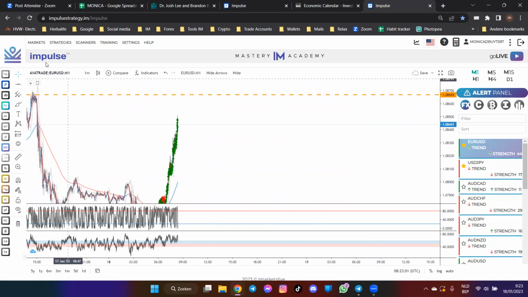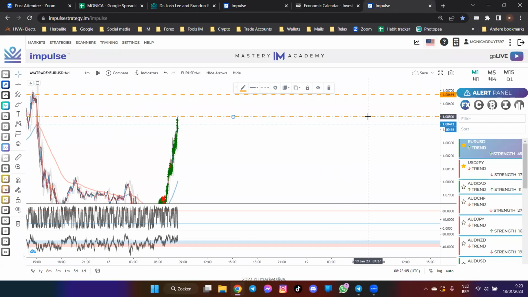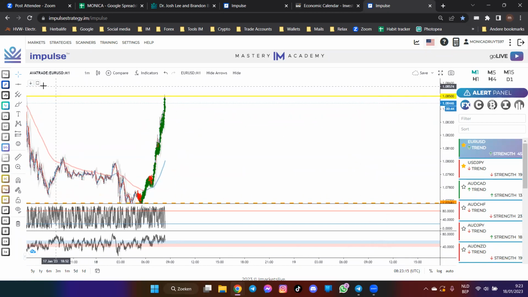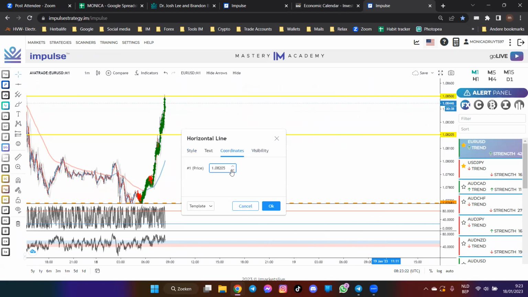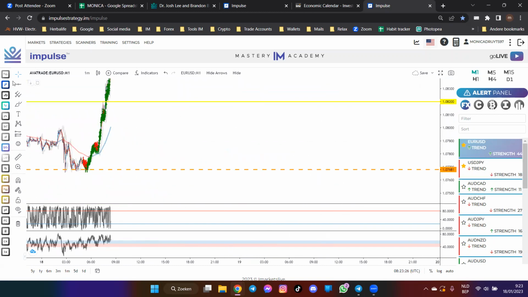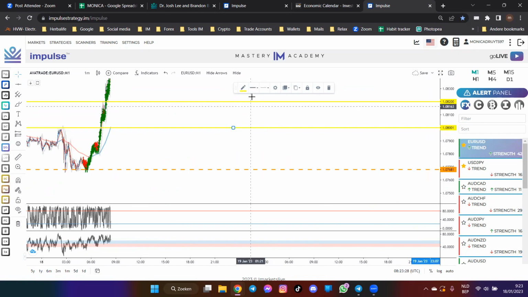I start also with drawing my institutional levels. I see sometimes at your guys' charts on Telegram that you don't do this, or not everyone does this. I would totally recommend it. It gives you so much overview to just draw them, so you know where price will move between.